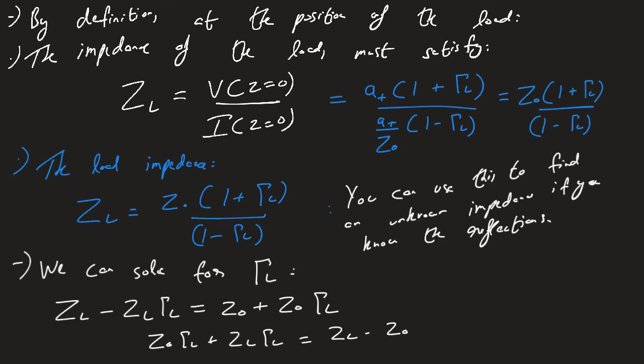So gamma L, the reflection coefficient at the load, becomes equal to a very nice expression: ZL minus Z naught over ZL plus Z naught. This is a very, very important relation.